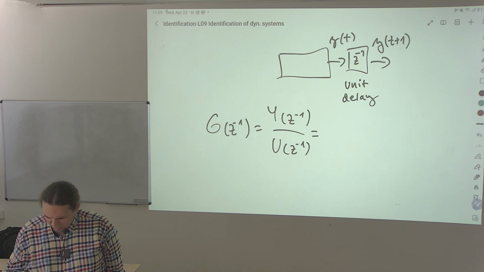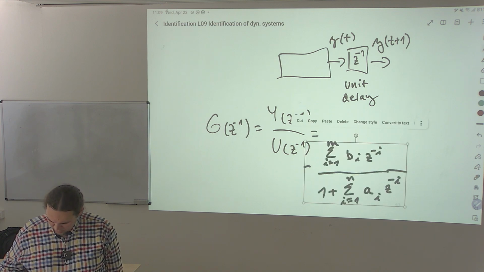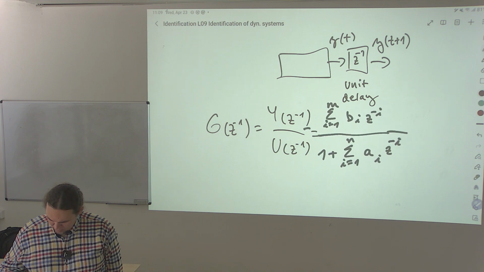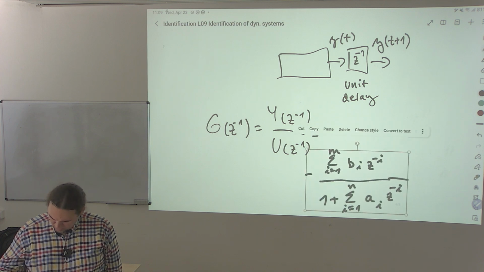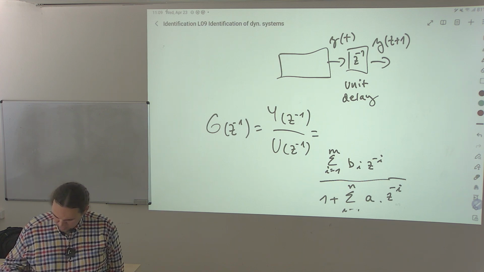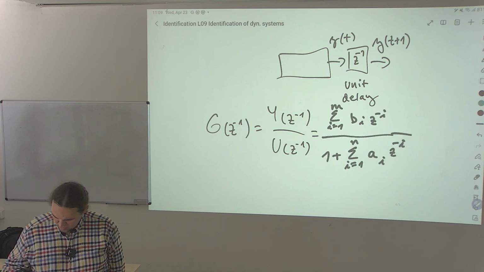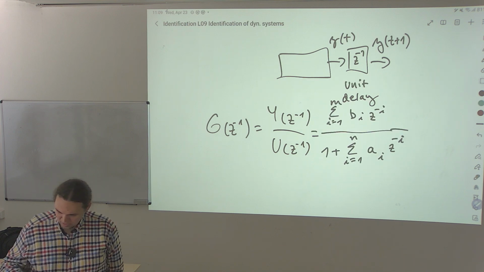The input delay can always be plugged in.